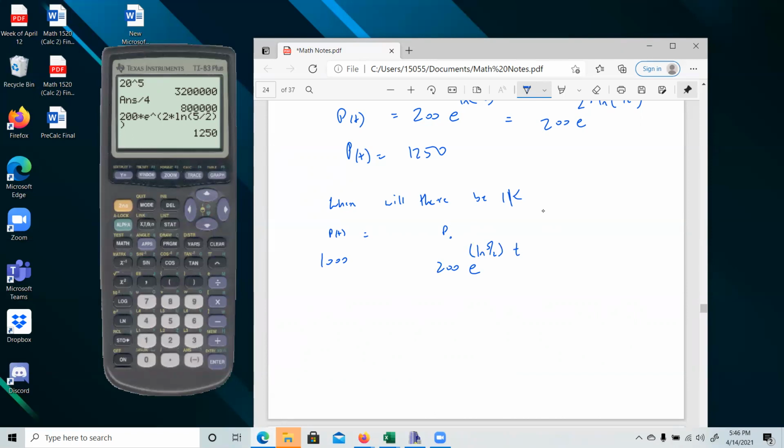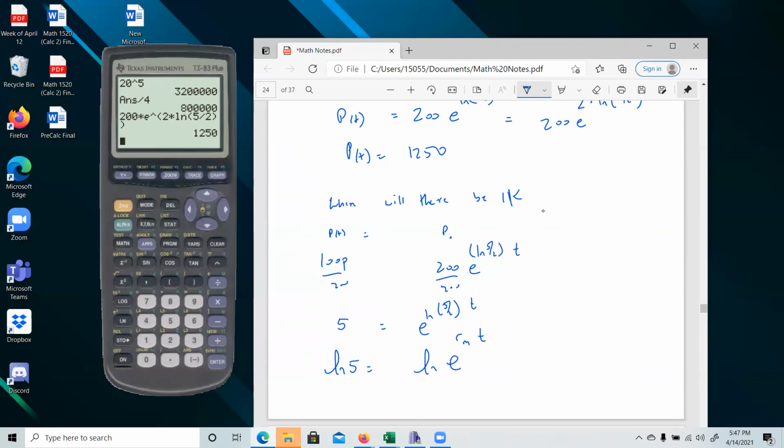So let's go ahead and clean this up. We're going to divide both sides by 200. So we have 5, because these cancel, 10 divided by 2, 5 is equal to e to the ln 5/2 t. Take the natural log of both sides. So we have natural log of 5 is equal to natural log of e. If you want to keep this as r sub m, for mosquitoes, until you get ready to calculate it, that's probably for the good.